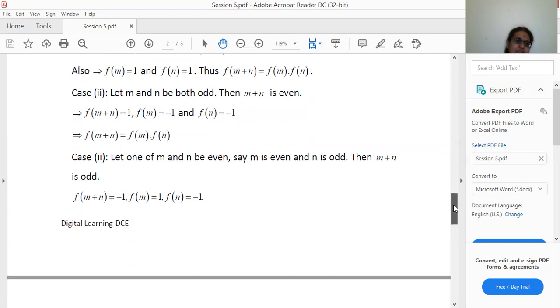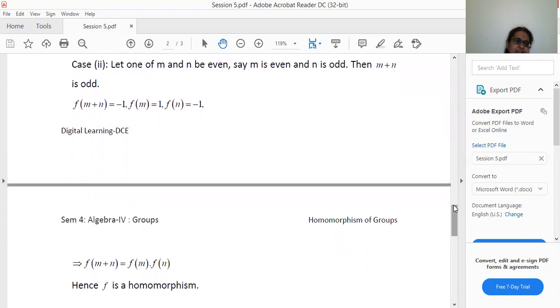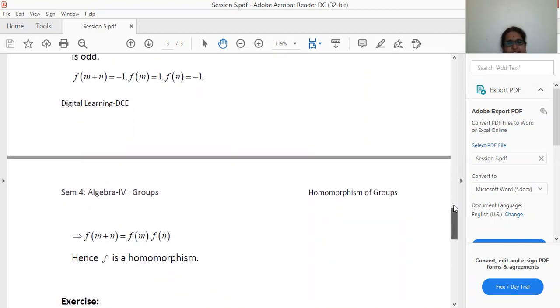Now, f of m plus n is minus 1, f of m is 1, f of n is minus 1. So, minus 1 is equal to 1 into minus 1, that is minus 1 is equal to minus 1. Hence, f is a homomorphism. So, in this case also, we have shown that f is a homomorphism.